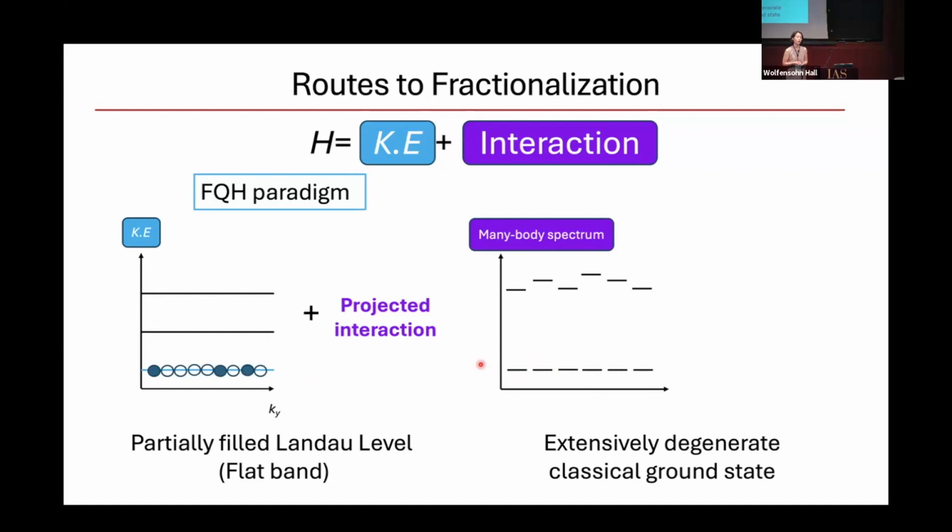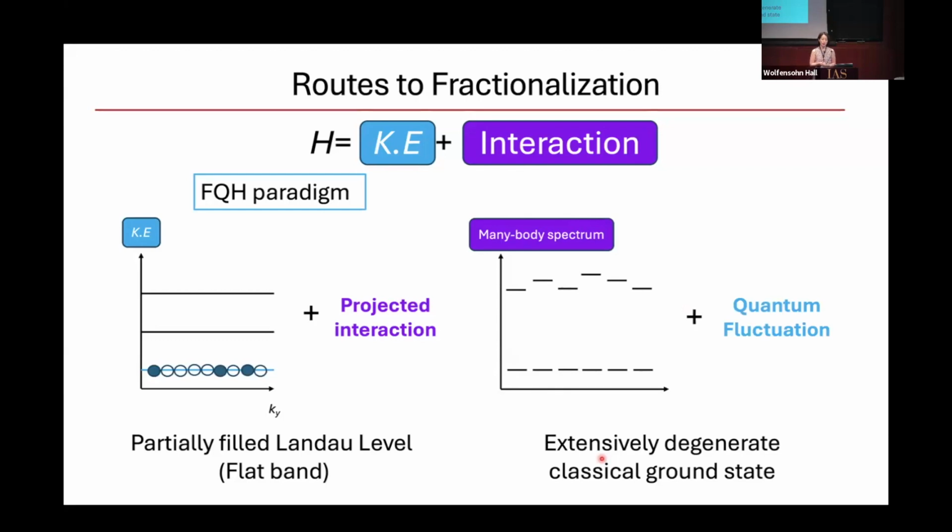It's a little more involved, but you can be in such a situation. The advantage of thinking about such a scenario is that you might be able to have fractionalization right away. And you can then ask, can that fractionalization or rich physics that you discover, starting from the strong correlation limit, survive quantum fluctuation? Now, I didn't make this up. This is a well-pursued paradigm.